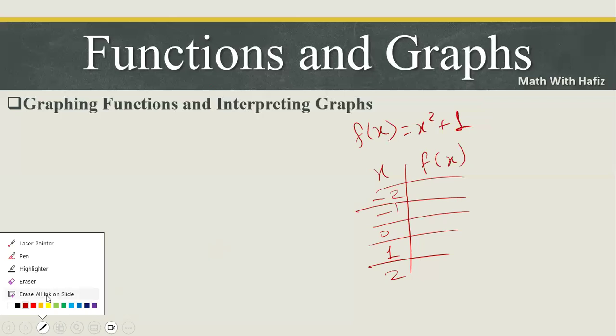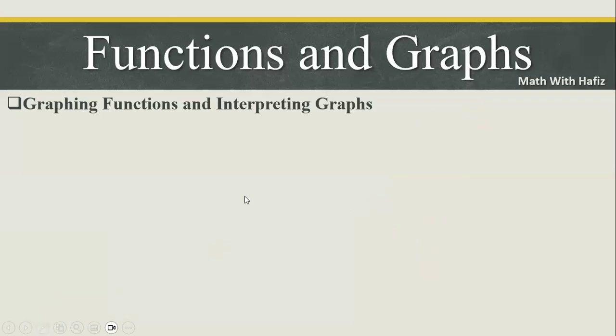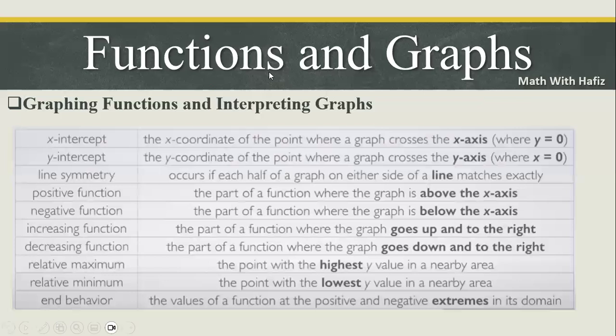I'm not going to do the graphing here because we have already studied how we can graph a function. So these are the main points for interpreting graphs, which will help you understand how we can graph a function and what the possible things are that we have to know. The first thing we have here is the x-intercept.